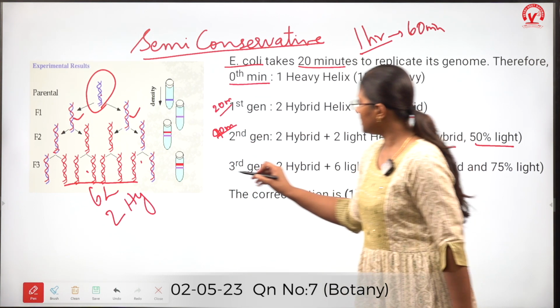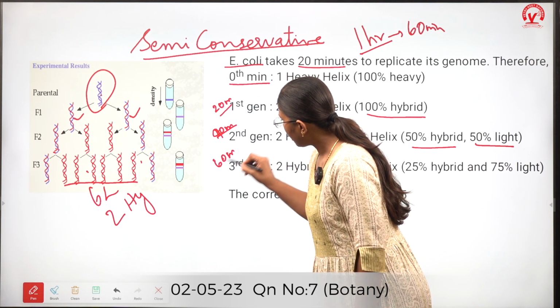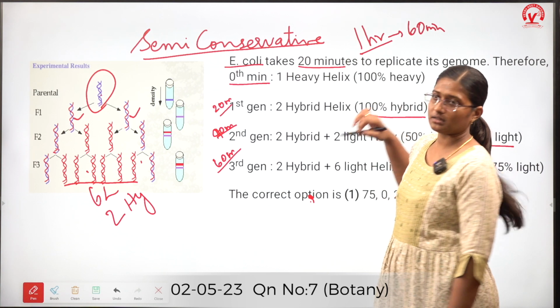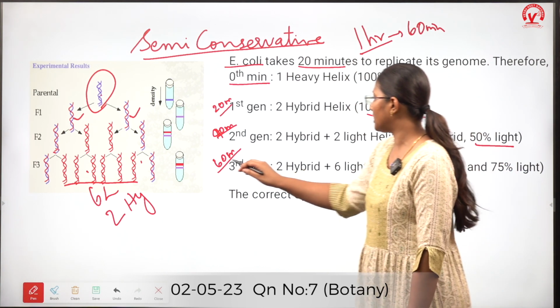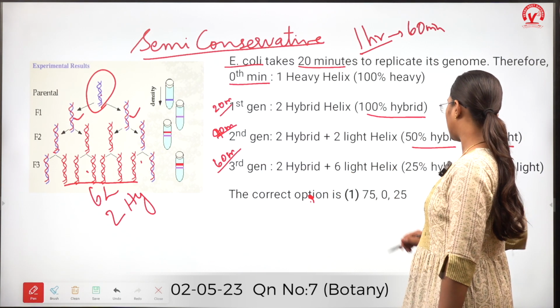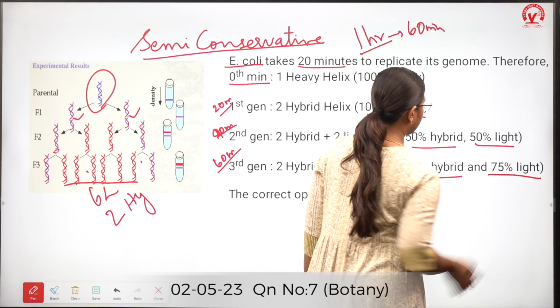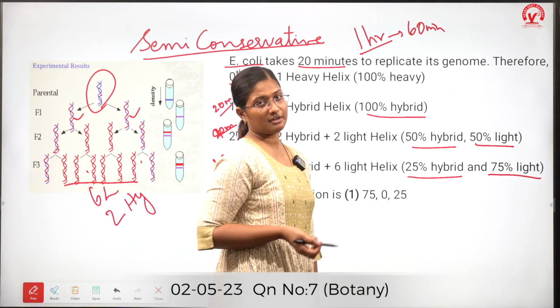So at the end of the third generation, that is at the end of 1 hour, which is what is asked in the question, we will get 2 hybrids and 6 light chains, and the percentage would be 25% hybrid and 75% light.